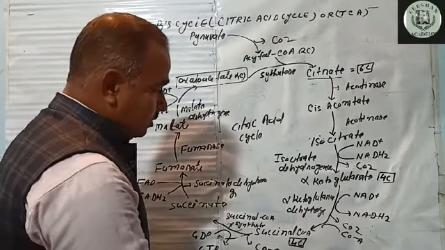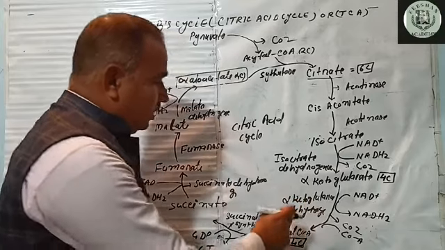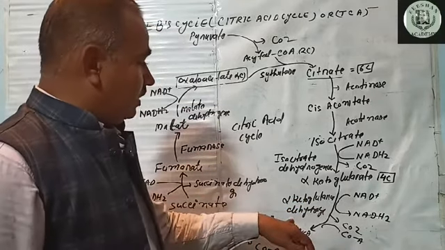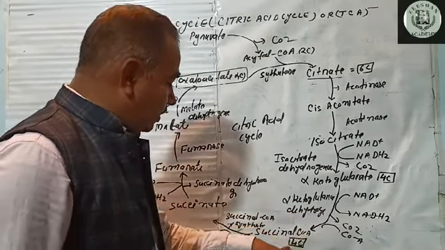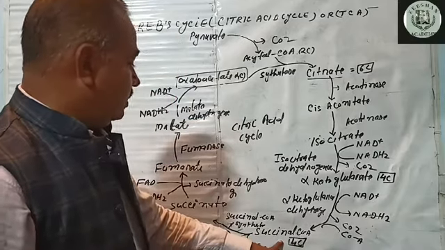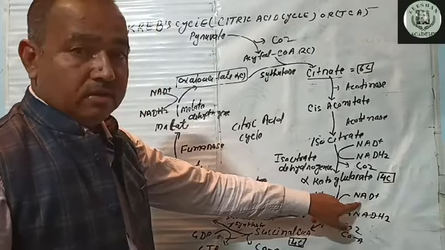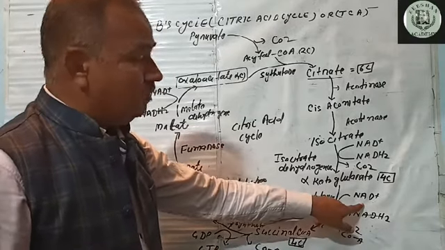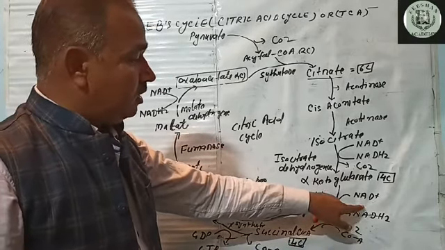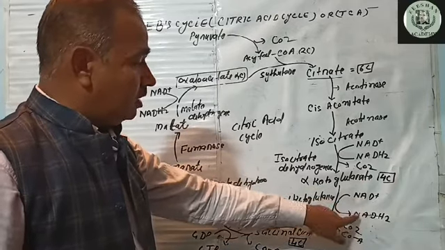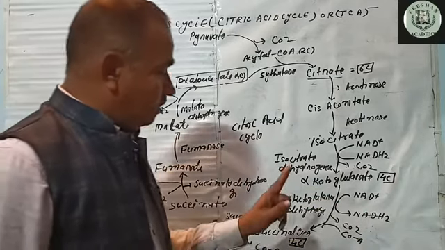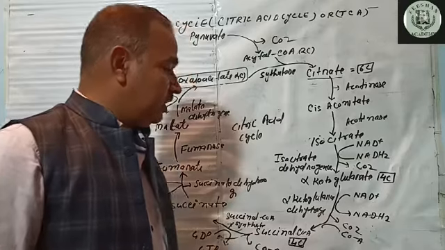Finally, alpha ketoglutarate dehydrogenase catalyzes the reaction, and 1 mole of succinyl CoA is formed. Here once again the oxidative phosphorylation of NAD takes place, and 1 mole of carbon dioxide is released.